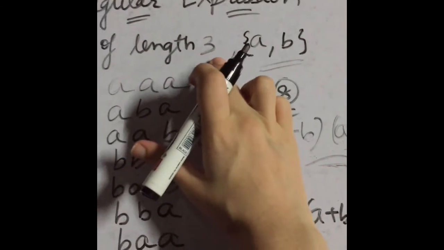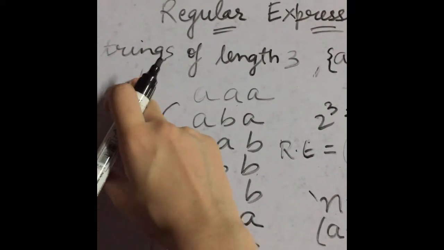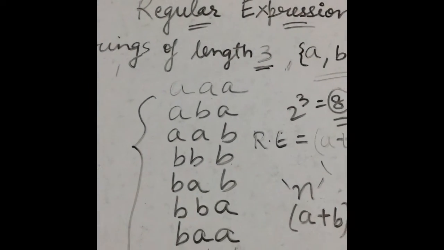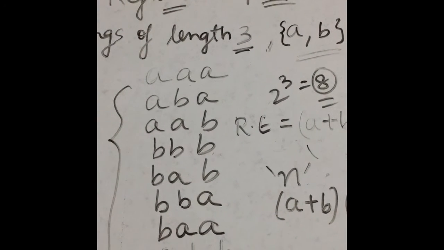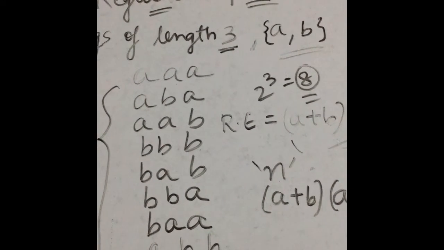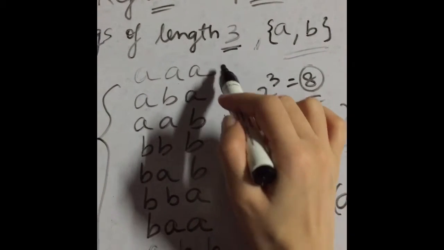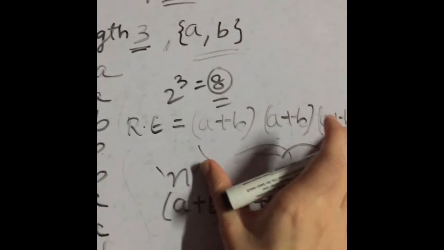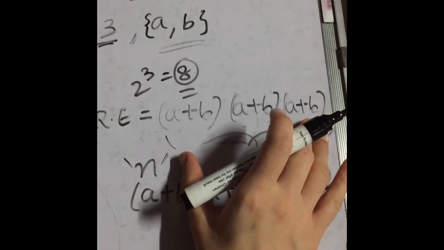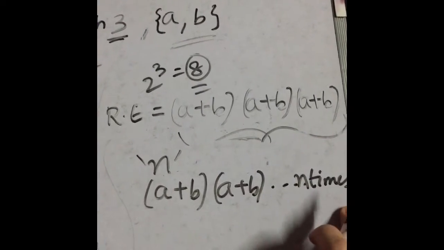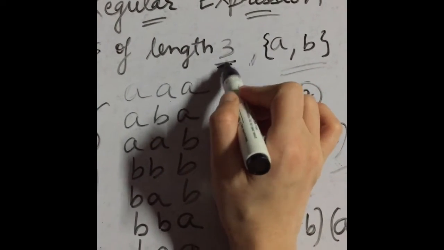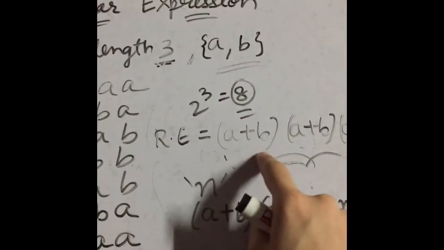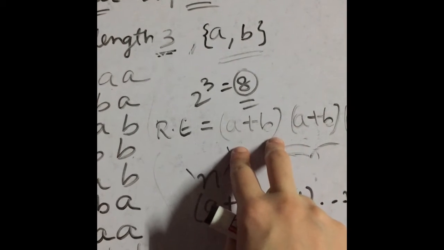For any length, you cannot list all the strings, whether 1, 2, 3, 4 and so on, how many strings are possible, but you can minimize in this way. You can remember this point: whatever the length is, the regular expression contains that number of (a plus b)'s.